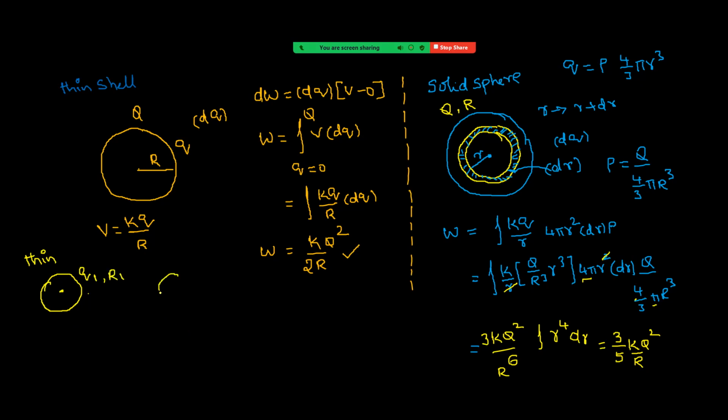And here I am taking a solid sphere. Charge is Q2, radius is R2. Let us take now the separation, so this part is without confusion, okay?